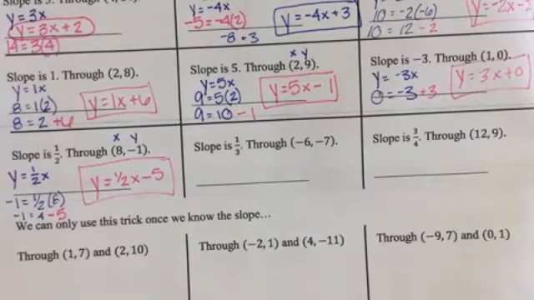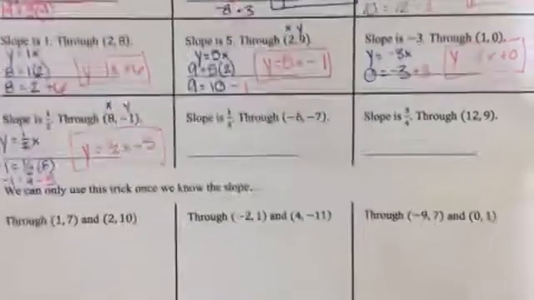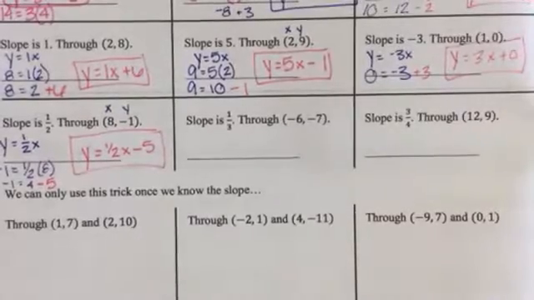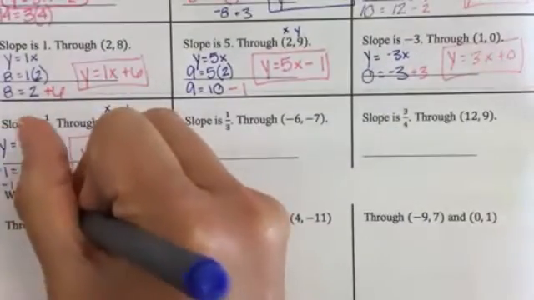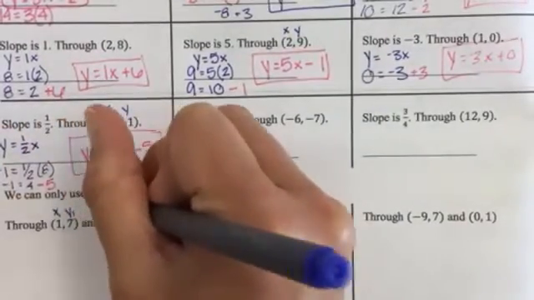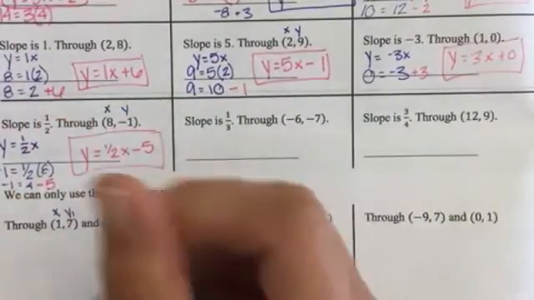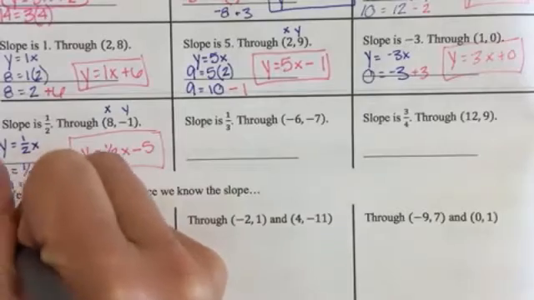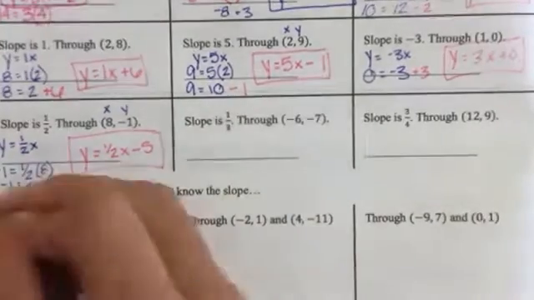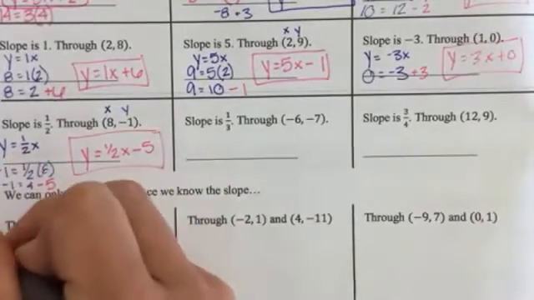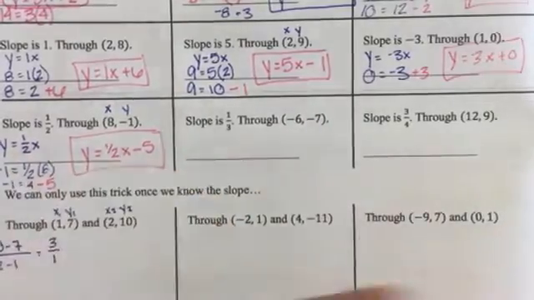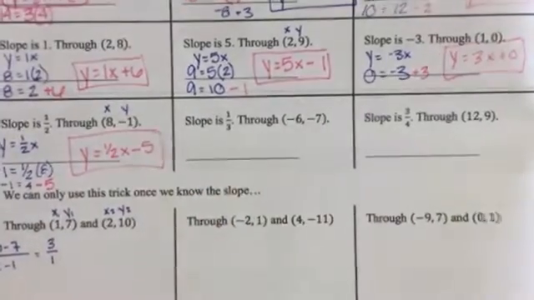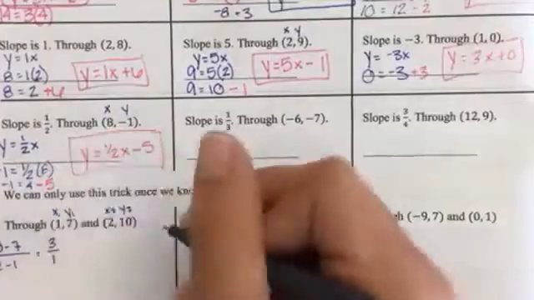Okay, the last couple examples say we can only use this trick once we know the slope. So if they give you 2 points, we can find the slope first. x1, y1, x2, y2. This gives me 10 minus 7 over 2 minus 1. 10 minus 7 is 3. 2 minus 1 is 1. It does not matter which set of ordered pairs you use.